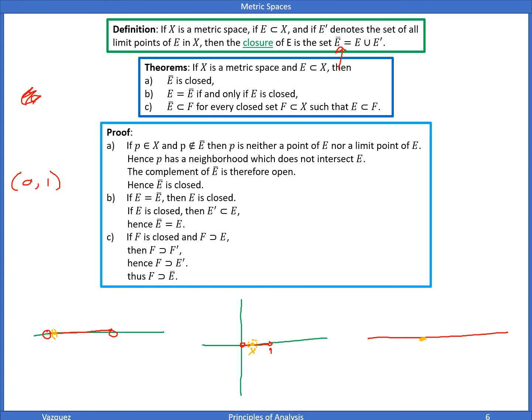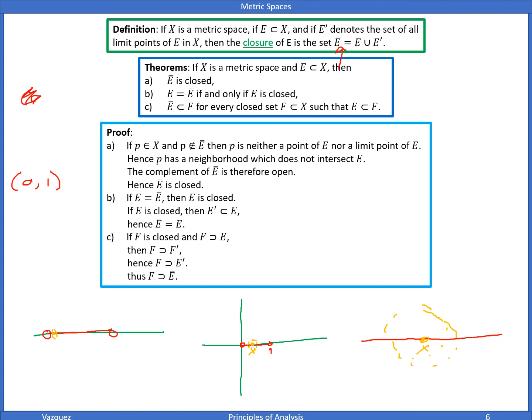Let's say we have this point X. This is a neighborhood. It looks a bit ugly. So again, this is our point X, and that's a neighborhood of X.